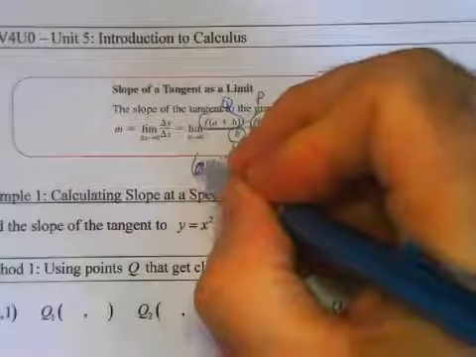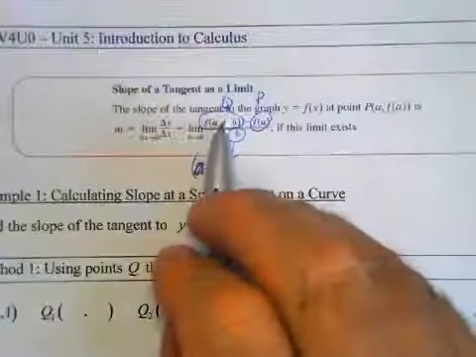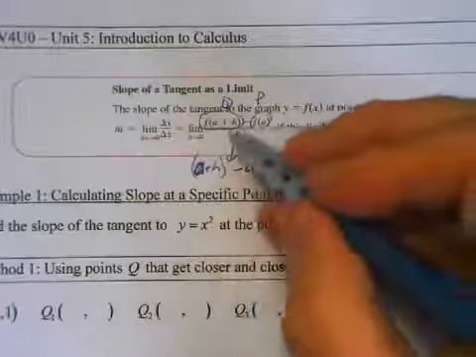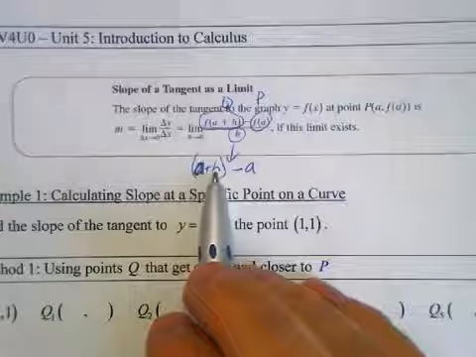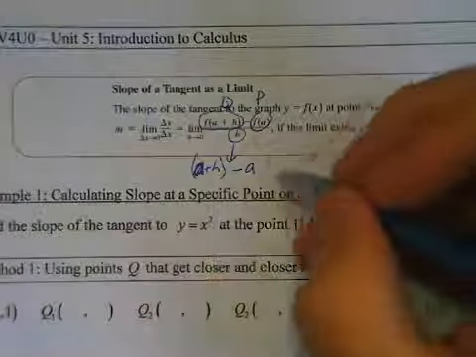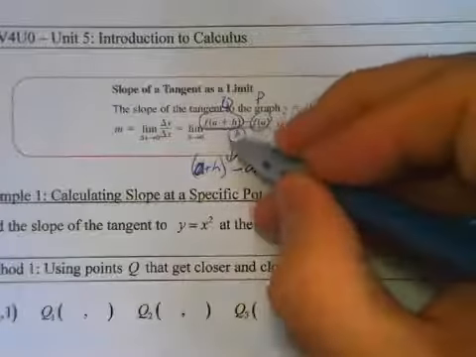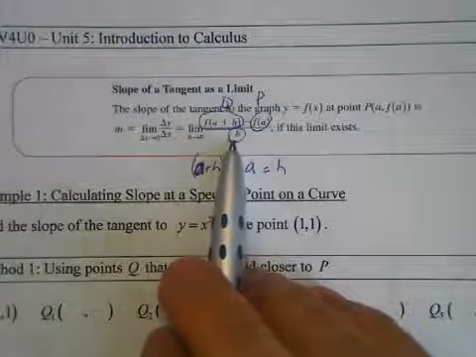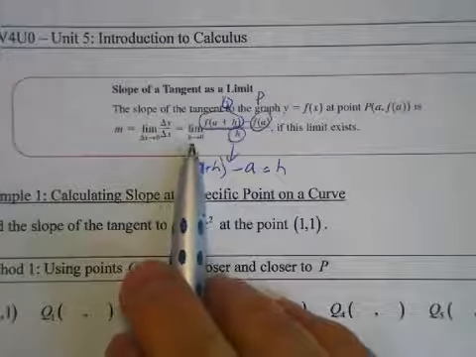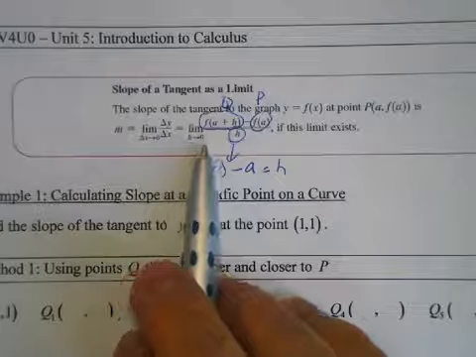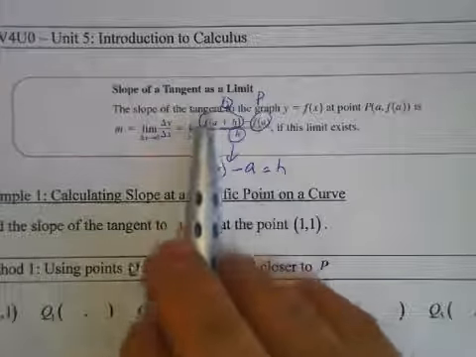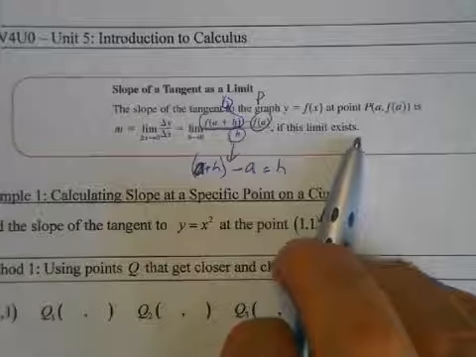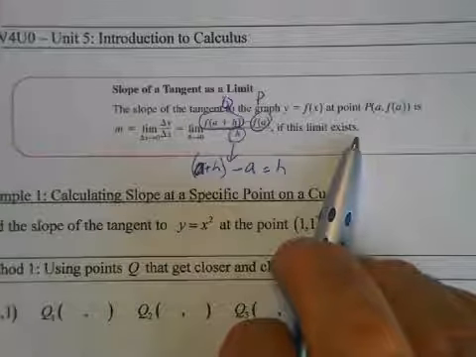The x coordinate of P is just A. So if I found the difference, or the run, it's A plus h minus A, which is just equal to h. So that's why the h is on the bottom. It's the difference between the 2 points. But you're trying to simulate, as h becomes 0, what is this slope? Now, it also says if this limit exists. Sometimes it doesn't. Sometimes we have to work on it, and that's what we'll be doing.